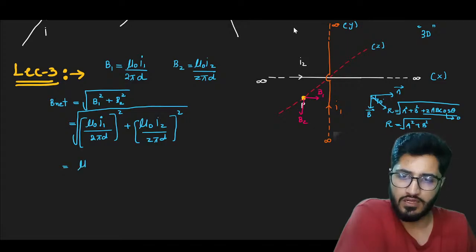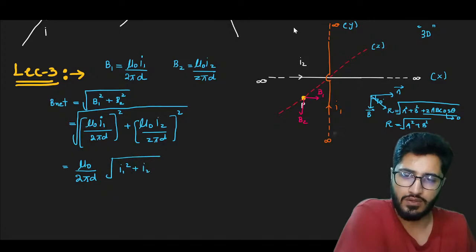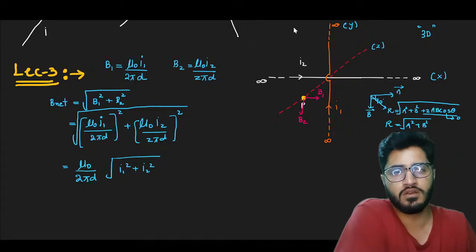I will take mu naught divided by 2 pi D common, then we are left with the square root of I1 square plus I2 square. And this is my net answer.